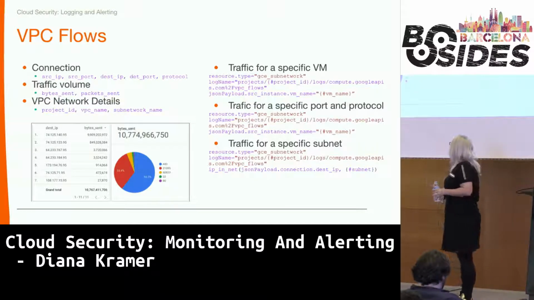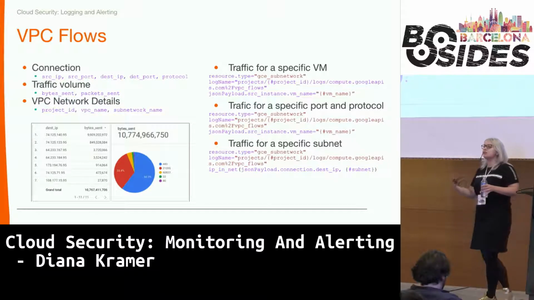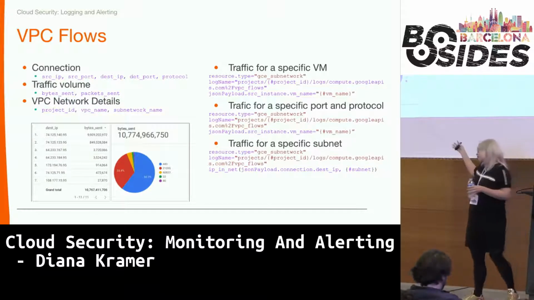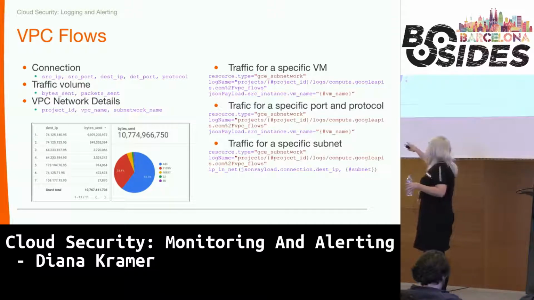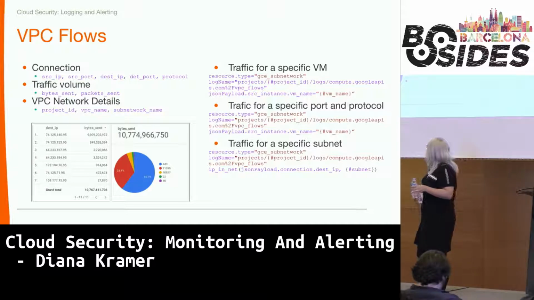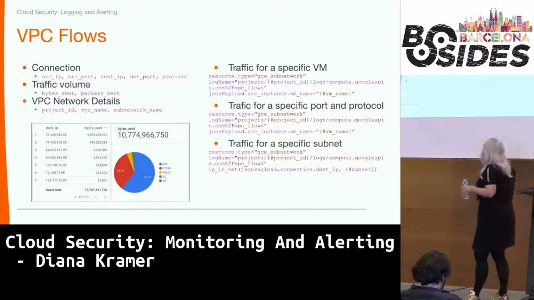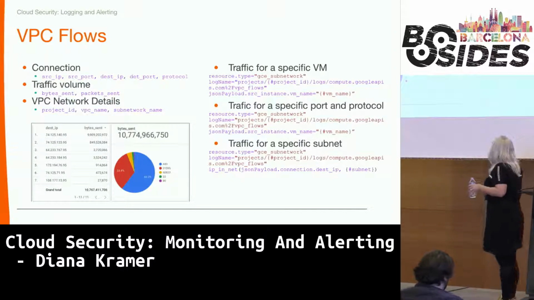In this diagram, which is from Data Studio, also a GCP service that can help you visualize big data information, flows being one example, you can see flows from a sole VM to several public IPs. You can see the ports, and you can see how much traffic volume has passed. And here are some direct queries that you can use in your investigation to see VPC flows for a VM, port, and subnet.